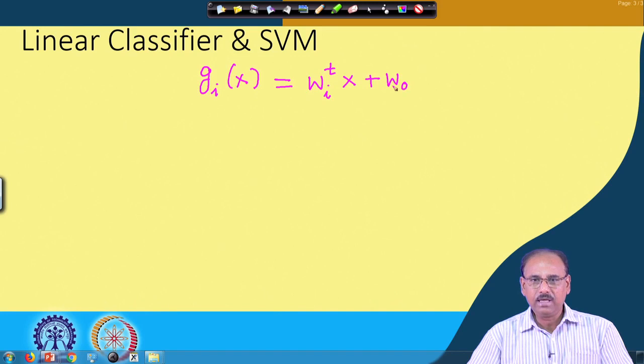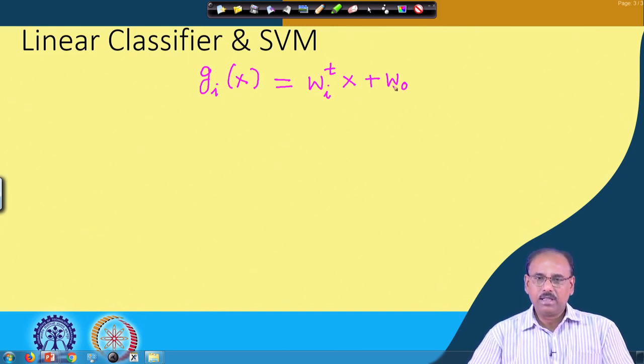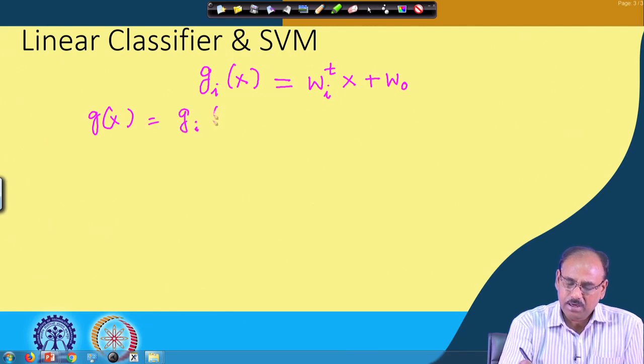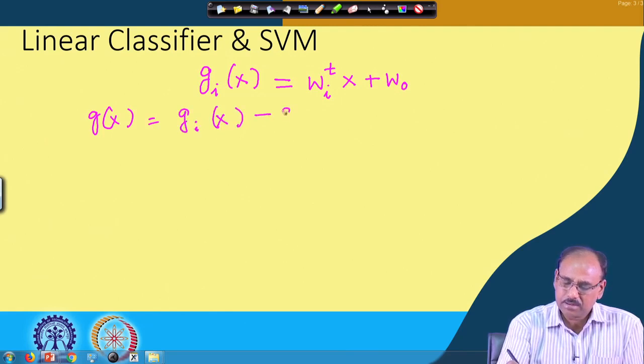So, in the case of a linear classifier, what we tried to find is the boundary between two different classes, and when the discriminant functions are linear, the boundary between two different classes is also linear. In other words, the boundary between the two classes is given by G(x) equal to Gi(x) minus Gj(x).